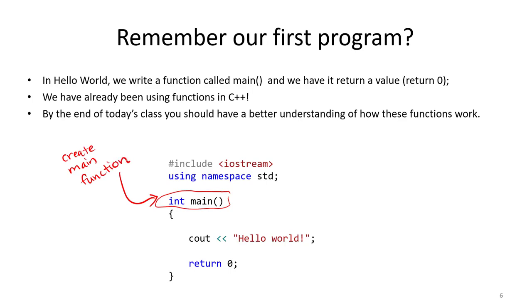And in our very first video, I said, well, don't worry about what a function is right now. We'll cover that later. Well, it's now later, so let's go ahead and understand more about why we use this syntax.